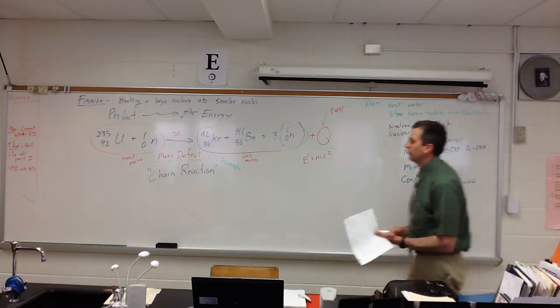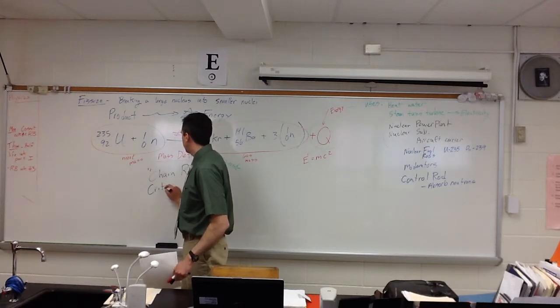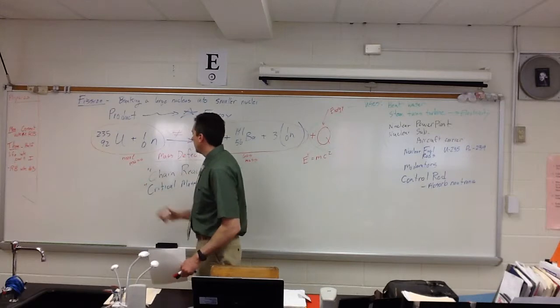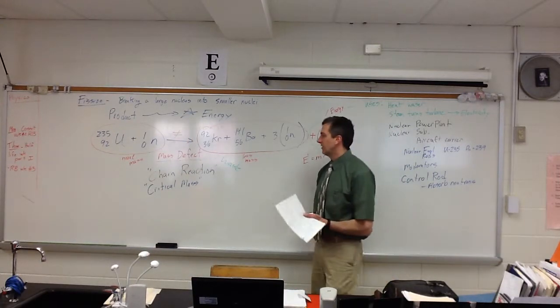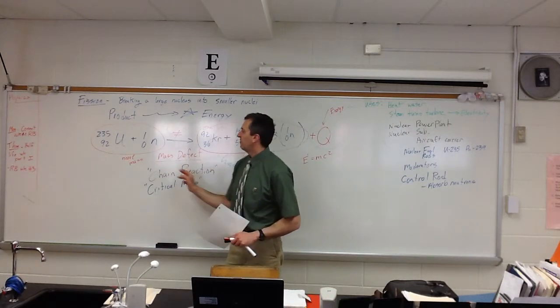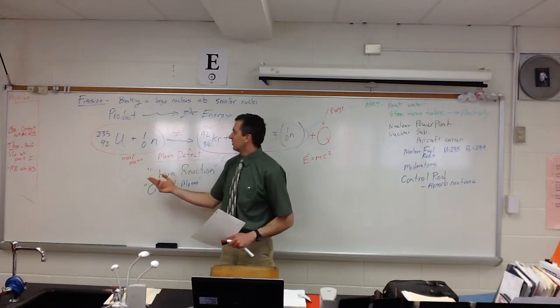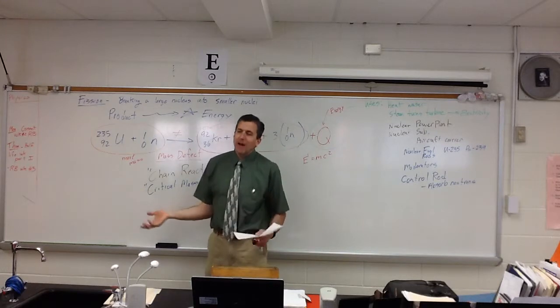One other word that shows up a lot is critical mass. It's a word that most people don't know what it means, but what they're referring to there is the minimum amount of fissionable material that you need to keep the chain reaction going. So there's a point where you get so low on uranium that the reaction won't happen anymore.